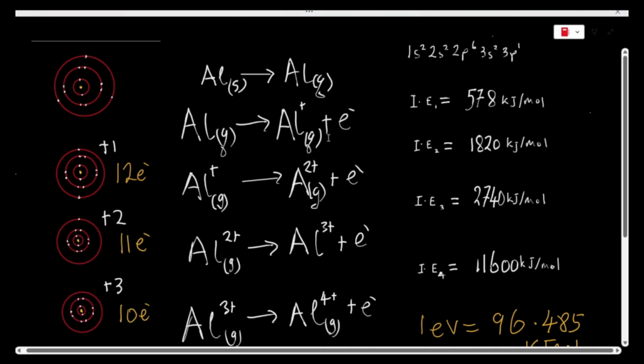So the first ionization energy is when the first electron is removed from a gaseous atom.